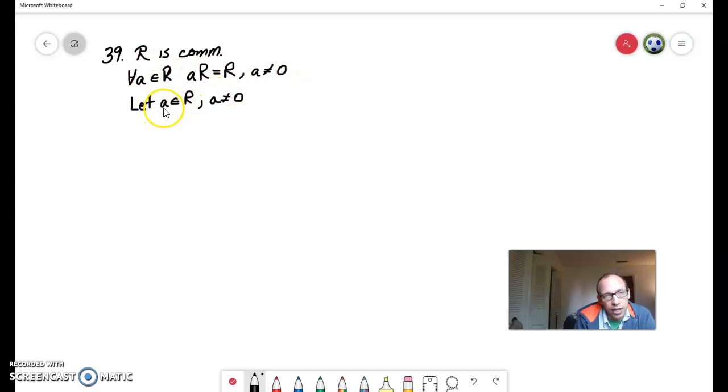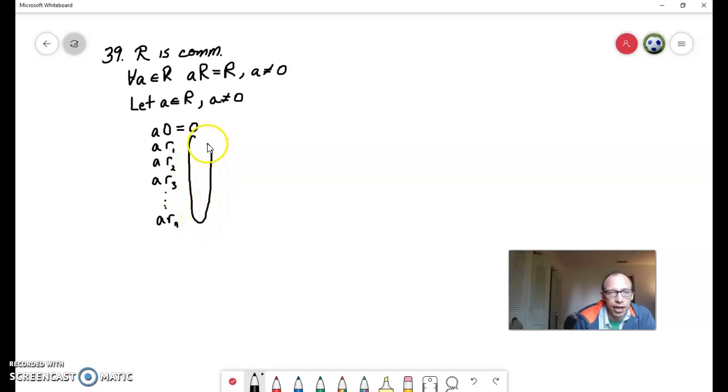All right, so we're picking some A and fixing that A, and like we did in class, of course, A times 0 is 0, but then we can list out all the ring elements all the way down to A, R, N. And what happens is every one of the ring elements will show up here also.